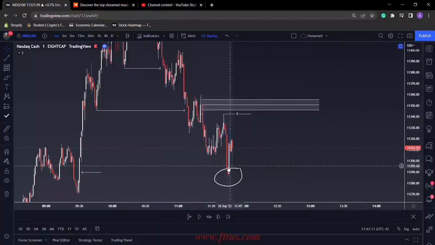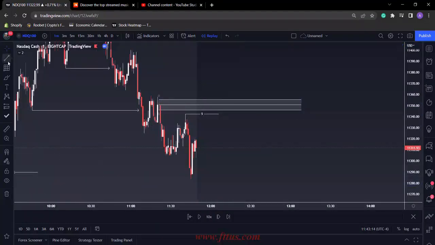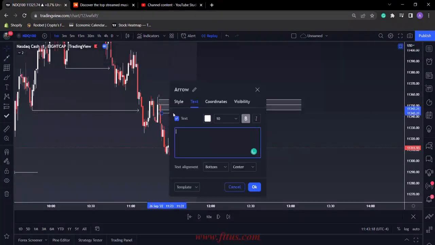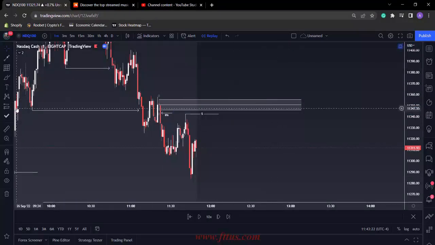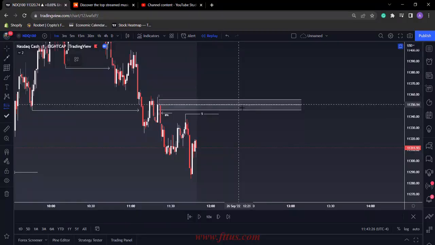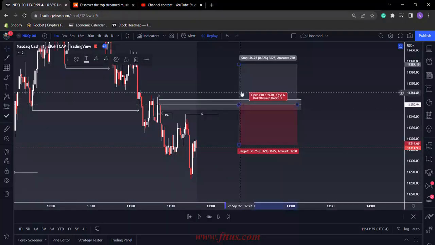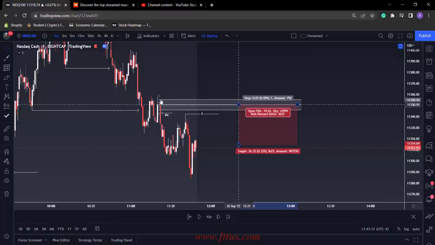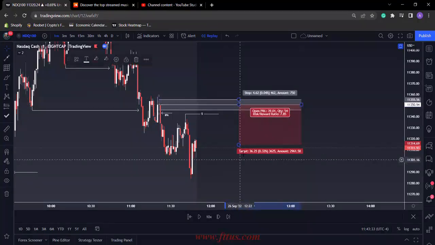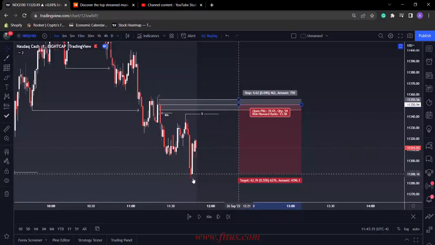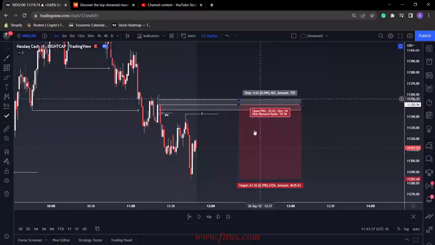And now we also had some imbalance sitting right here. Mark this as imbalance. I'm sorry, I have a little allergies today. And we had our entry at the 50% of the supply zone, and we put our TP at the bottom of the move as always. Stop loss top of the move.